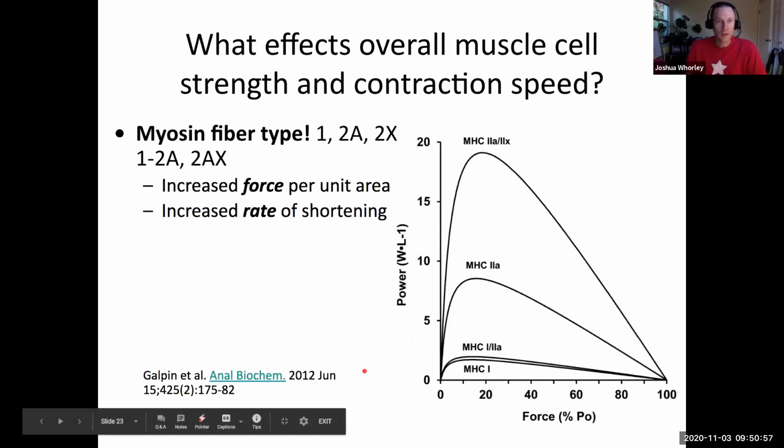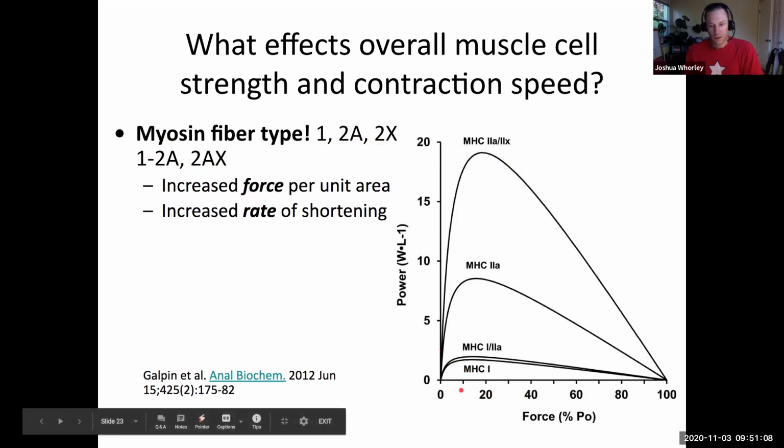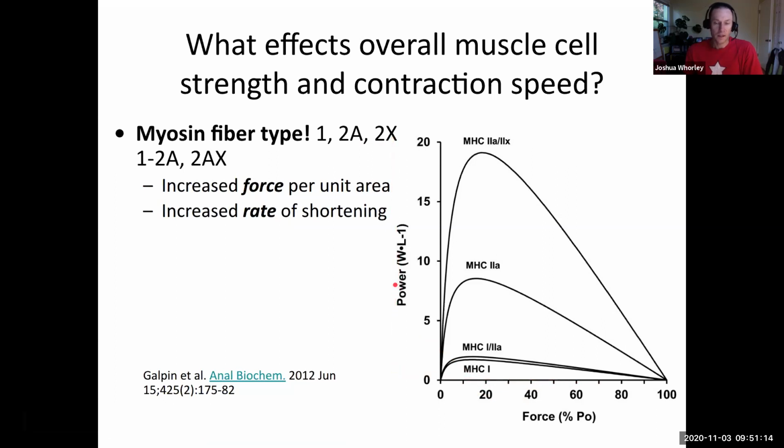Okay, so I'll just show you some data that supports what we've just been looking at. This is looking at myosin fiber type 1, 2A, 2X, and then these hybrid types. So here is the force that's produced, as a percentage. Here's the power. Remember, this is the ability to move some mass over some length, right?